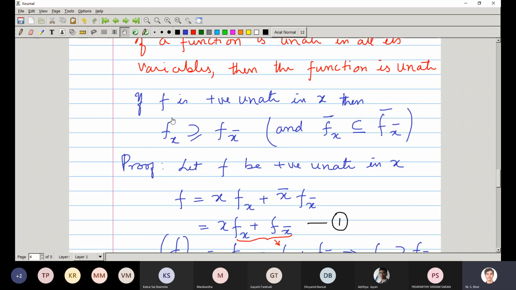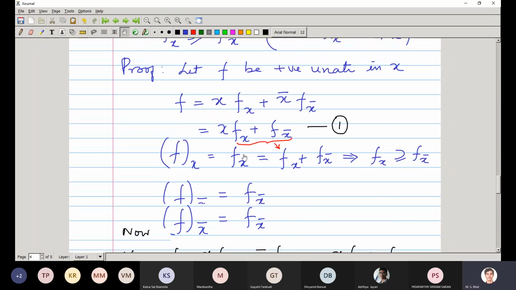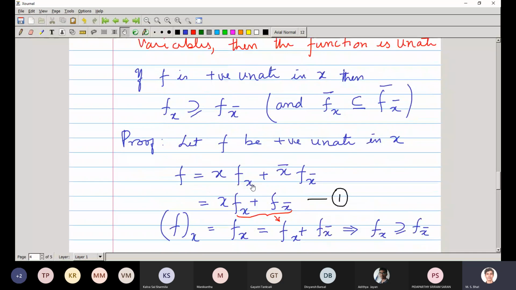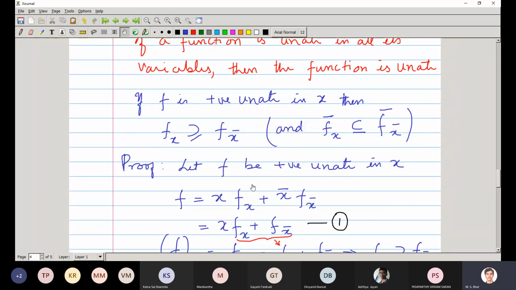But if I take the cofactor of F with respect to X bar, those cubes which have X as a variable will be set to 0, whereas those cubes which do not contain X at all are assigned to this Fx bar. So overall, Fx will be bigger than Fx bar. Probably we have an example, we can see an example.